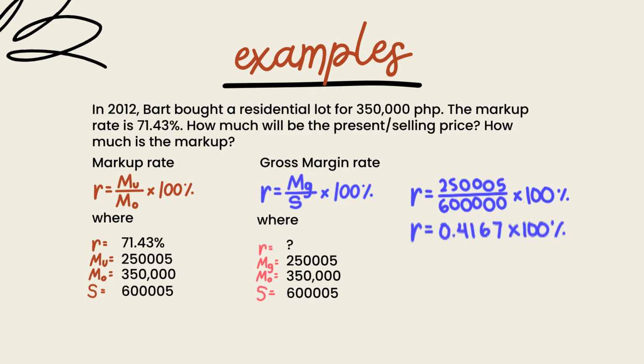So, ito, ni-round off ko lang din. And your final answer would give you 41.67%. So, kung titingnan nyo, magkaiba na yung R nila. Yung sa R nung markup rate, 71.43, pero nung gross margin rate na siya, 41.67. So, huwag kayong malilito, basta basahin nyo lang maigi yung question kung ano yung hinahanap.